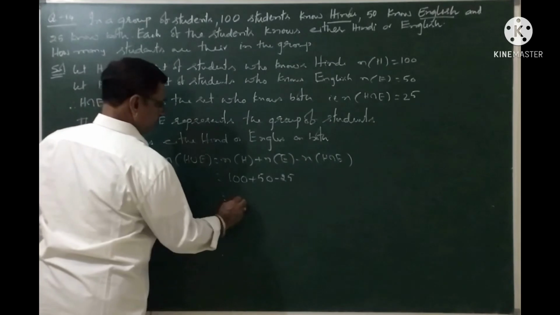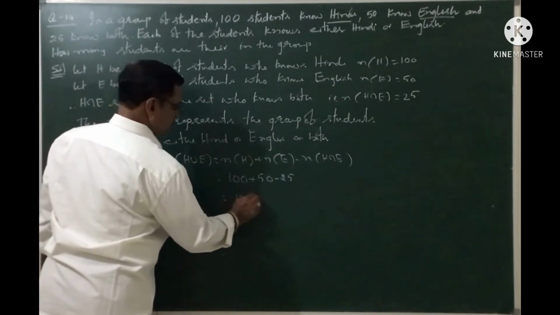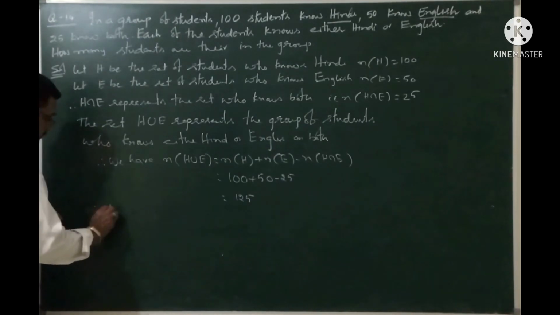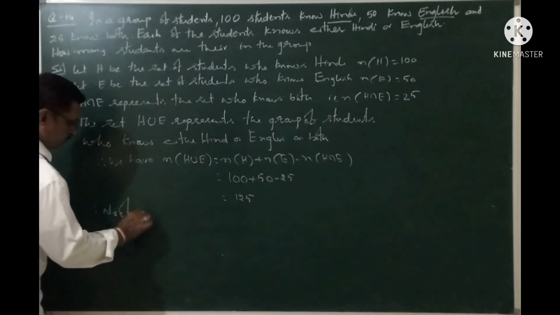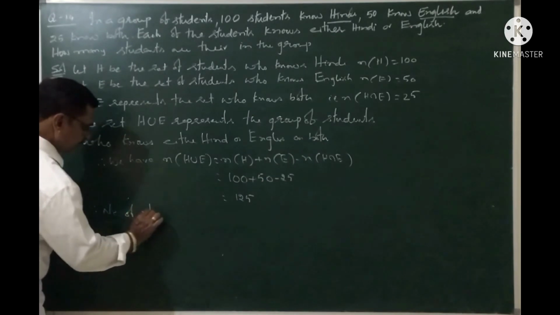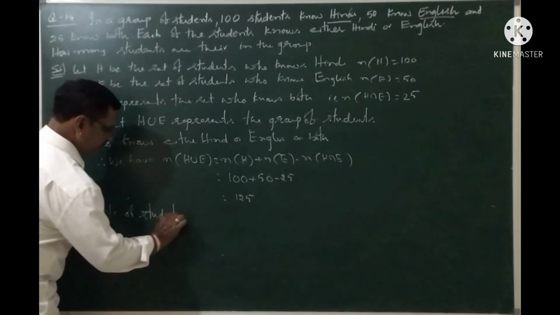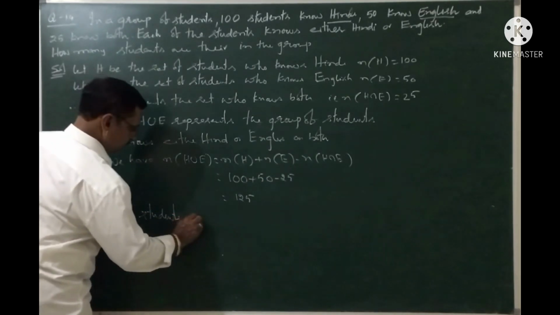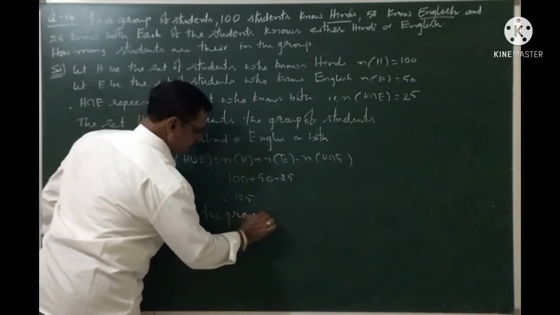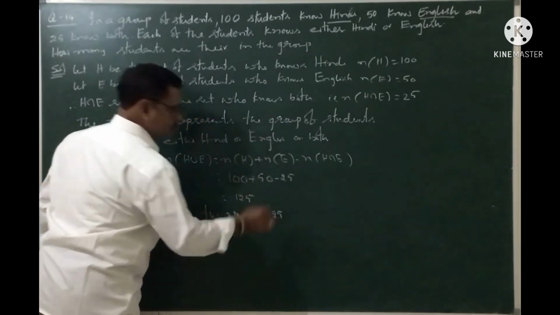If you simplify, you have 125. Therefore, the number of students in the group is equal to 125.